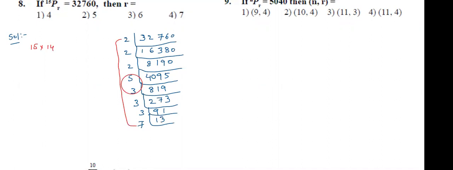Next, what can I collect? Tell me. 2 twos are 4, 4 threes are 12. Here is a mistake somewhere. What is the mistake? Here I want to put 7 now. Now it is correct. Okay.